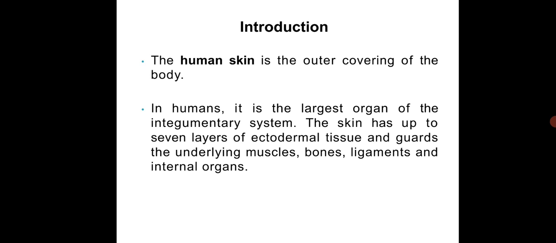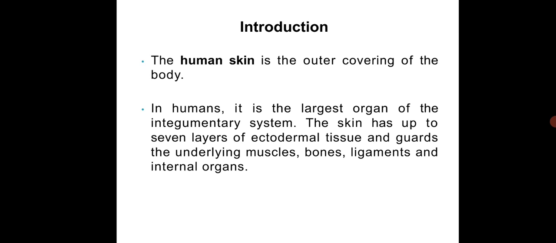While considering the human skin, where exactly is it available? It is the outermost cover which covers the human body. So we can say that it is present throughout the body, and it covers all those essential or delicate organs as well as the bones, the ligaments, the muscles and everything.